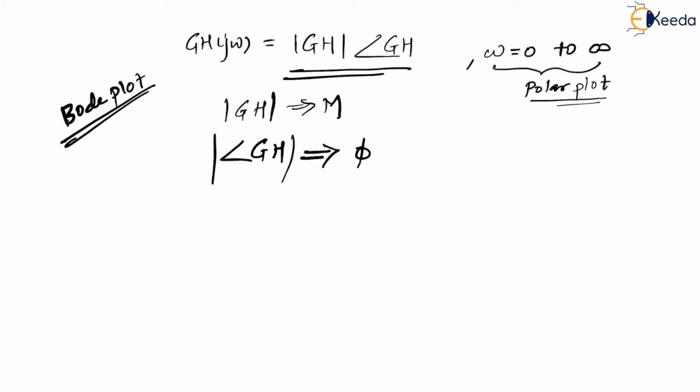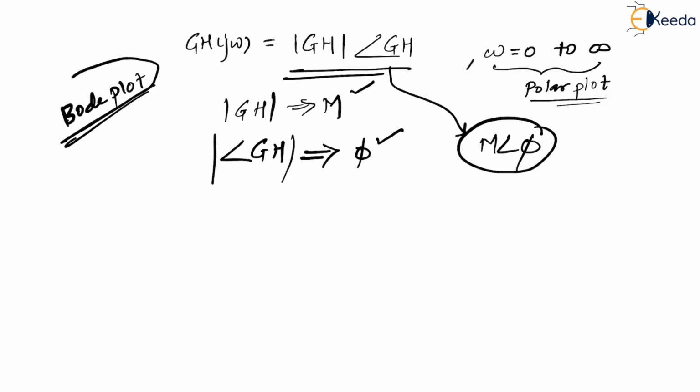It is the variation in the magnitude and the phase, which means this can also be shown as M at an angle phi. So the Bode plot is the variation of magnitude and phase phi as frequency is varied from omega equal to 0 to omega equal to infinity. As my frequency varies from 0 to infinity, how my magnitude as well as my angle changes is what is called a Bode plot.